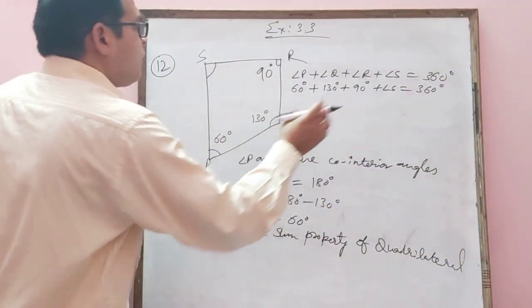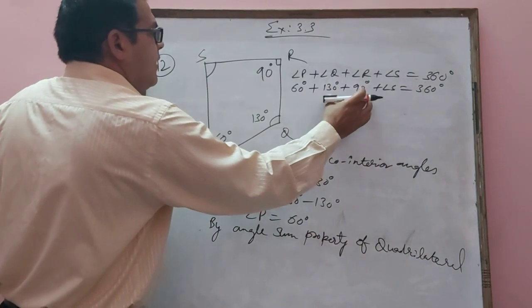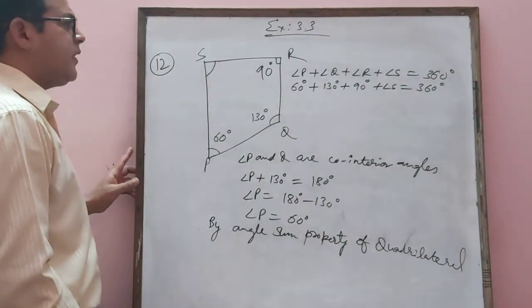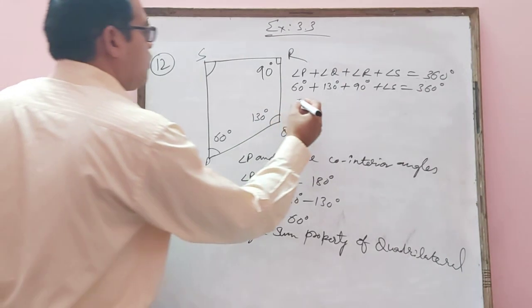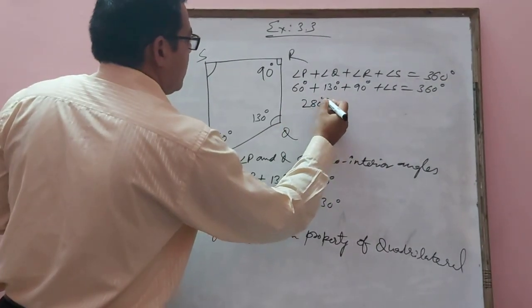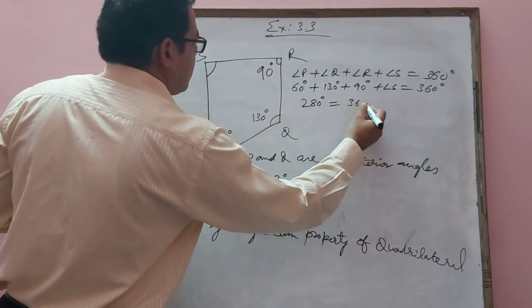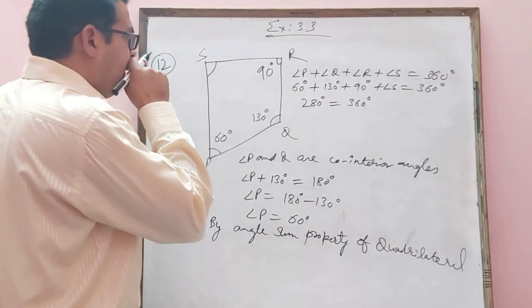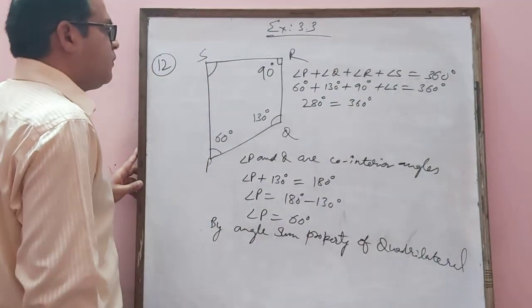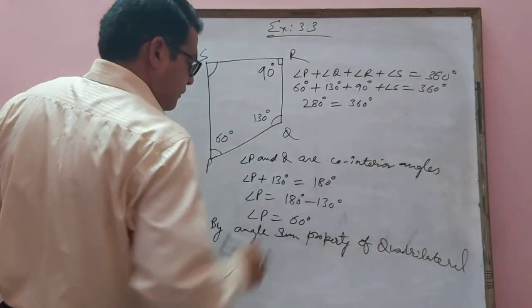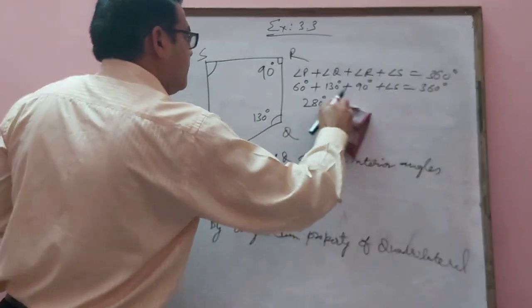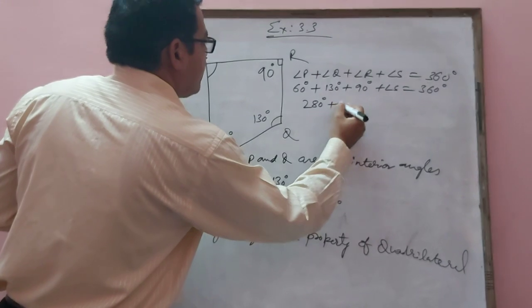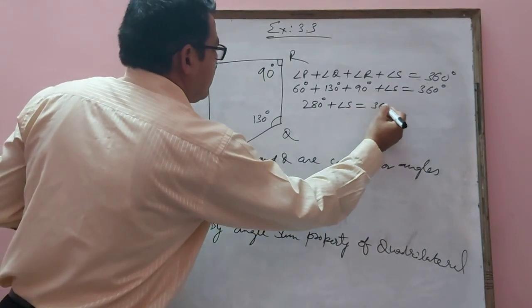Right? 130 and 90 is 220, plus 60 is 280, and the total equals 360. Right? So 280 plus angle S equals 360.